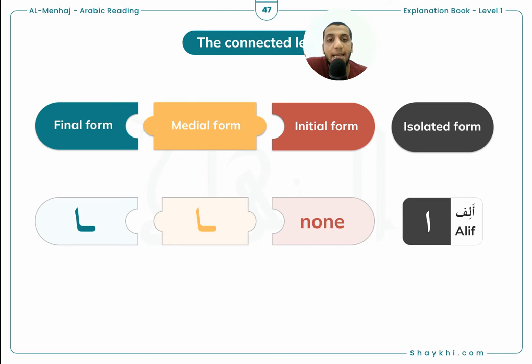So let's take now some examples. For sure, because there is no Alif in the initial form, there is no example. What about the middle form? This is the middle form, the word Ma. We see this Alif and the letter before, which is the letter Mim. And the last example is the word Dunya.